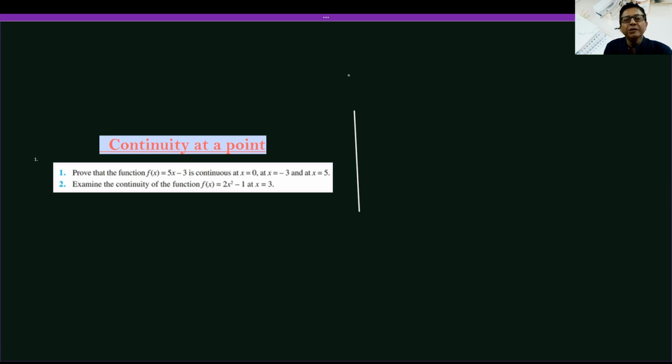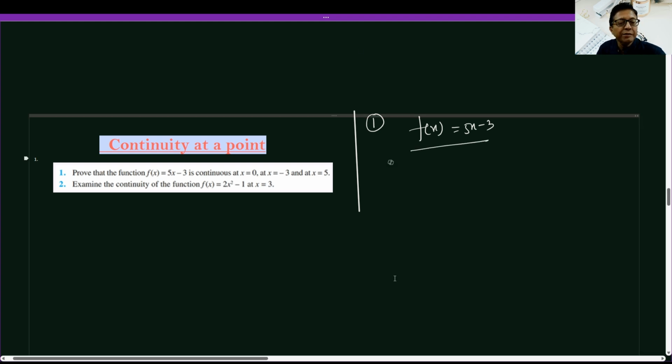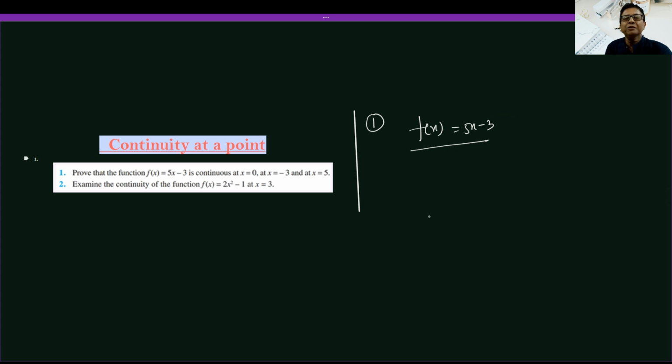You go by the definition we have just learned: left hand limit, right hand limit and functional value. There is just one part of the function, 5x minus 3. You can verify it by plotting the graph of this function, but we'll be following the definition that limit x tending to A minus f(x) equal to limit x tending to A plus f(x) equal to f(A).